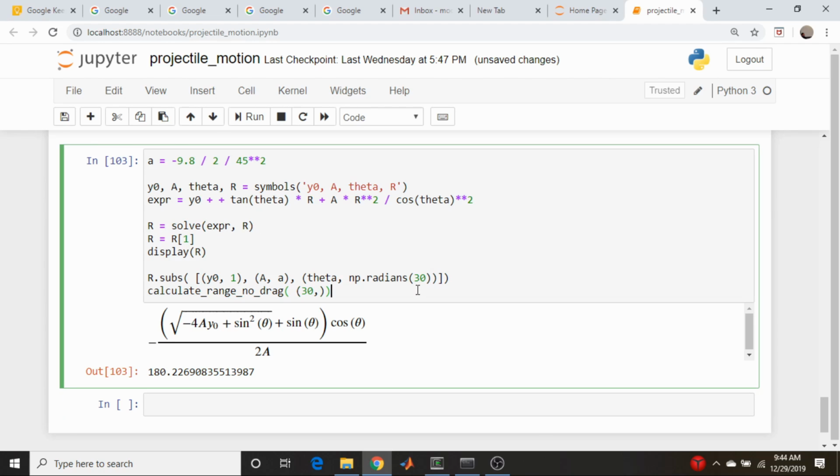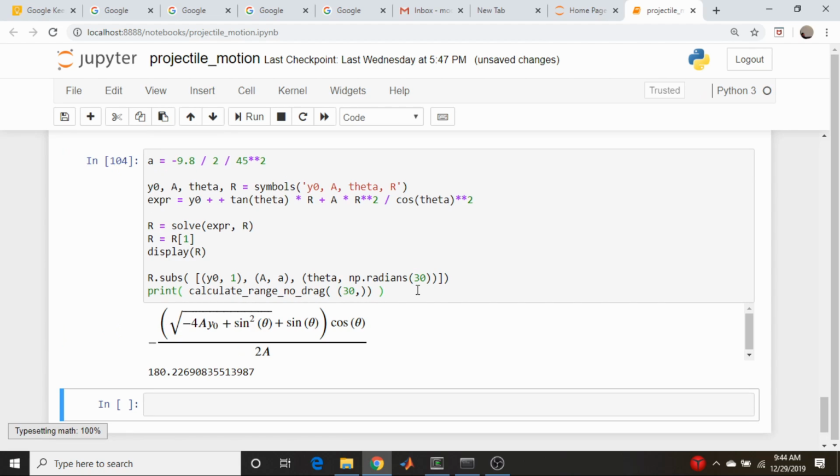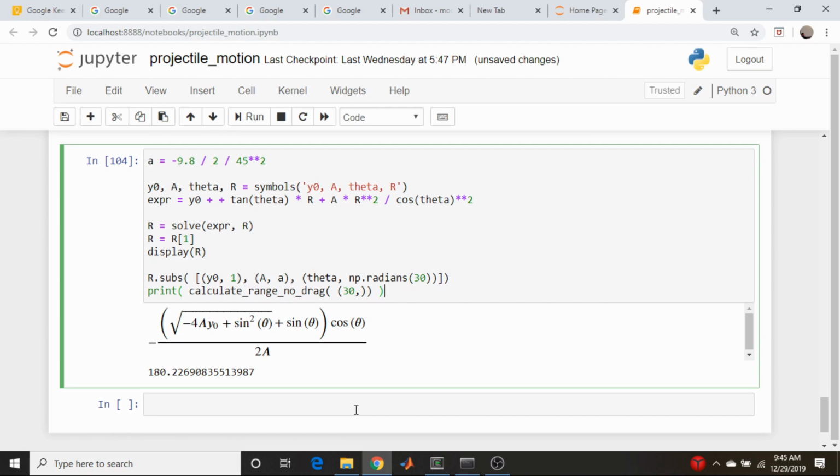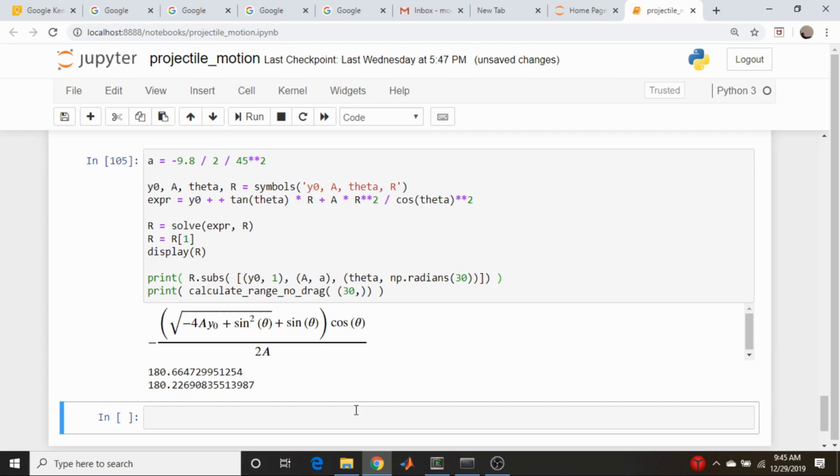Oh, there it is. Print. And let's also wrap this in a print. So there are two answers. The exact answer is about 180.66, and the numerical answer comes out to be about 180.22. So close enough.